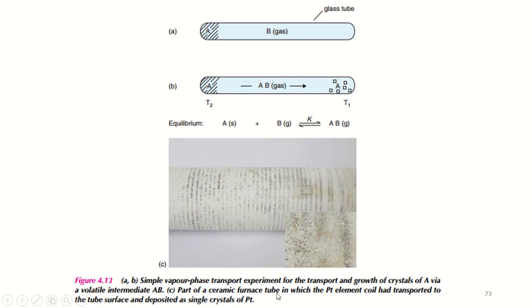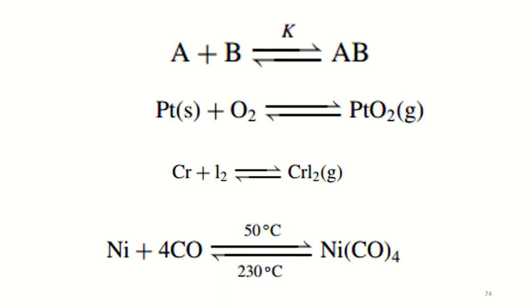We are well aware of the high price of platinum, and sometimes it is believed that the price of platinum is equivalent to the price of gold. So this is a good example, but it seems to be quite expensive.